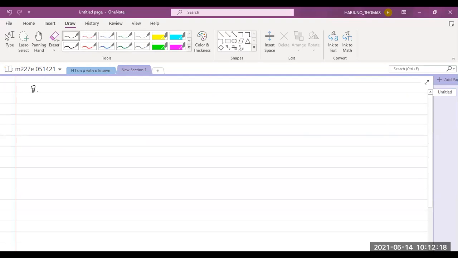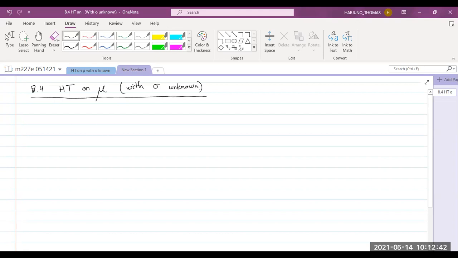That's 8.4, hypothesis testing on population mean with sigma unknown. I hope by this time you already get used to the procedure, steps 1, 2, 3, 4, 5, 6. Then we can go on with the variation.